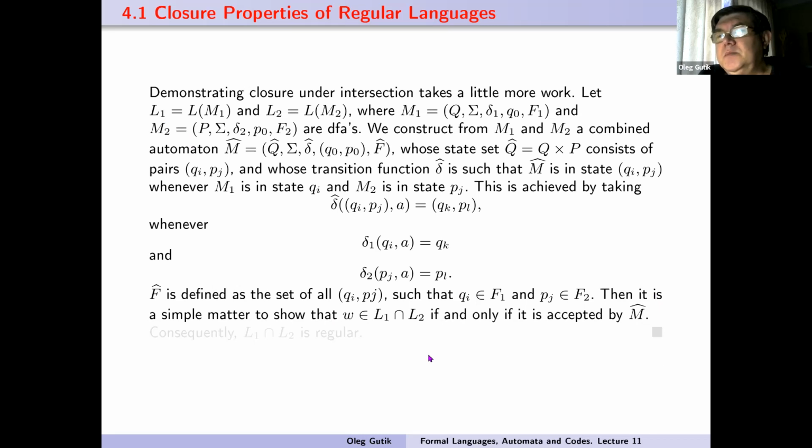Then it is a simple matter to show that the word W belongs to the intersection of the languages L1, L2 if and only if it is accepted by the automaton M hat. Thus, the intersection of languages L1 and L2 is regular.